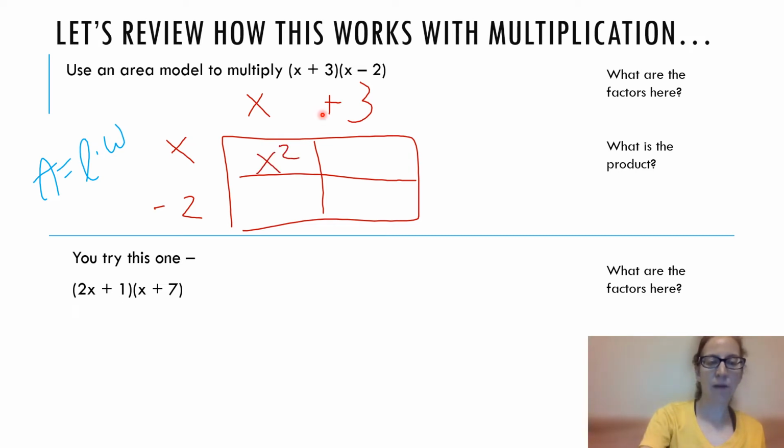In my second rectangle, we have a height of x coming from over here and a length of 3. So the area of this rectangle would be x times 3, also known as 3x. Here we have a length of x, and this time the height is -2. Now that might mess with you a little bit. You might say, wait a minute, height can't be negative.